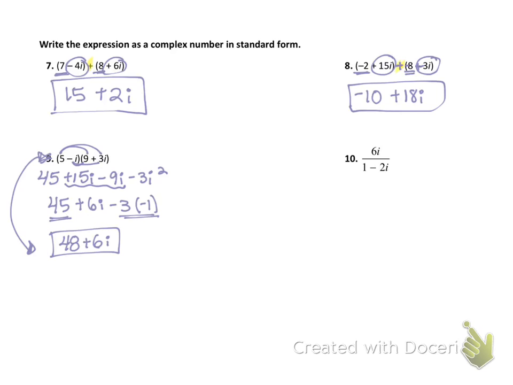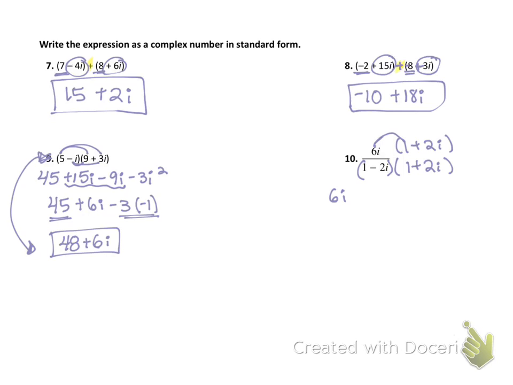Okay, division is really just a multiplication problem, right? So I have 1 minus 2i on bottom. I need to multiply by the conjugate, which means the exact same thing but a different sign, because we want things to cancel out, right? Then on top, I have 6i times 1.